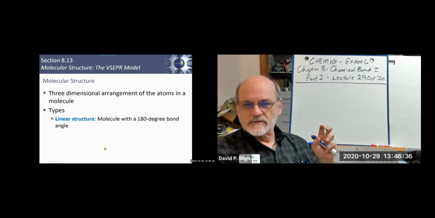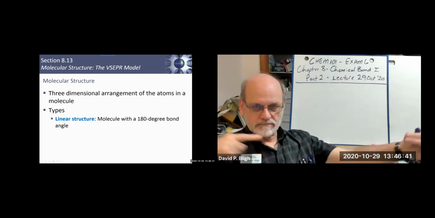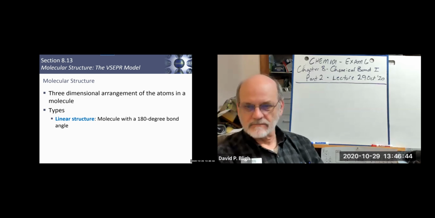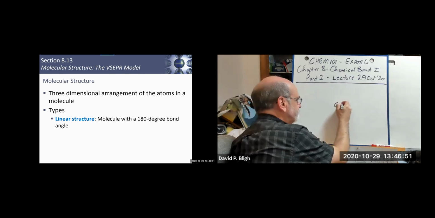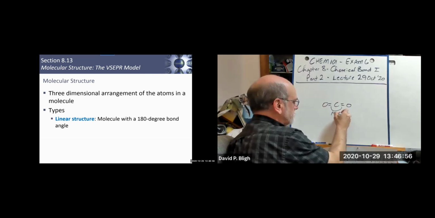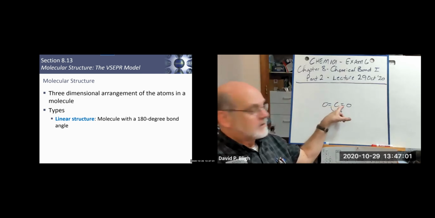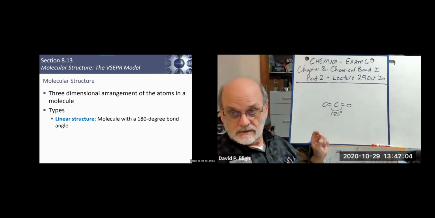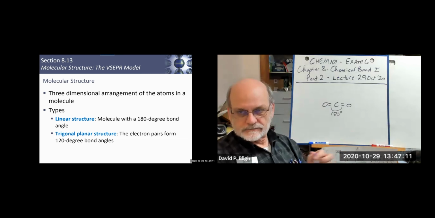So what types of structures can we produce? Well, we could have a linear model, right? All the atoms line up like that, 180-degree bond angle. For example, carbon dioxide, right? Notice it only has 2 electron groups and no lone pairs. So that's a linear model. Just an example. Trigonal planar.